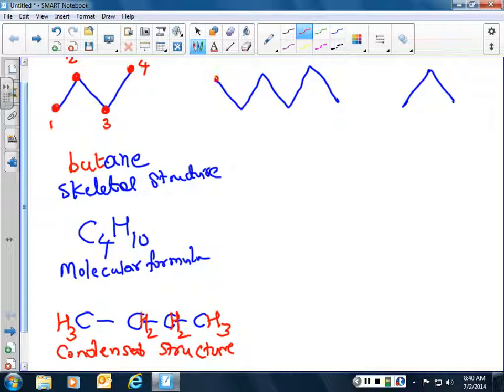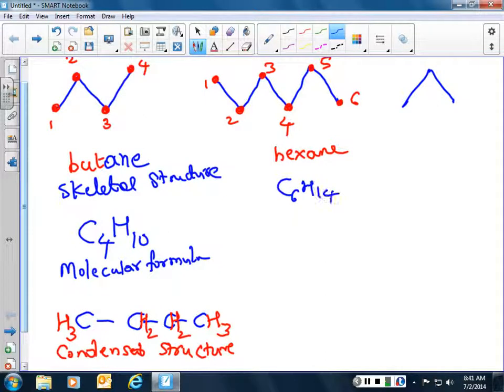How many carbons? 1, 2, 3, 4, 5, 6. 6 is hex. Ane. Why ane? Because all single bond.